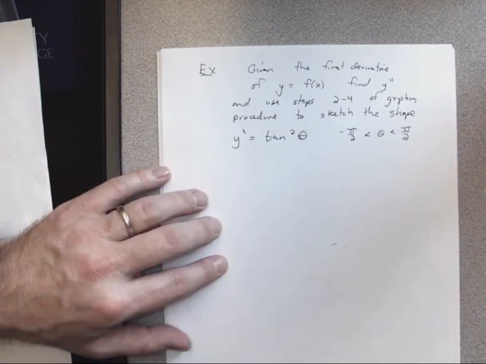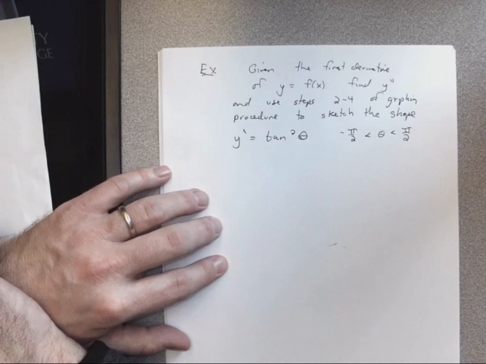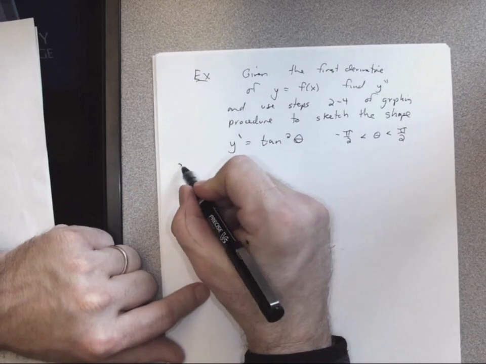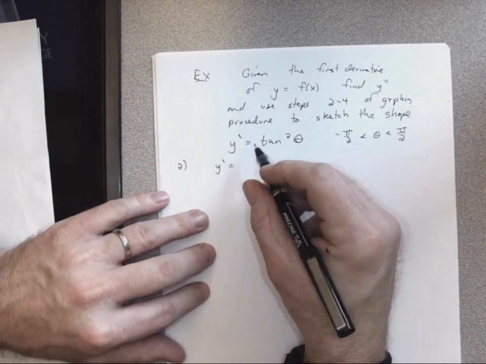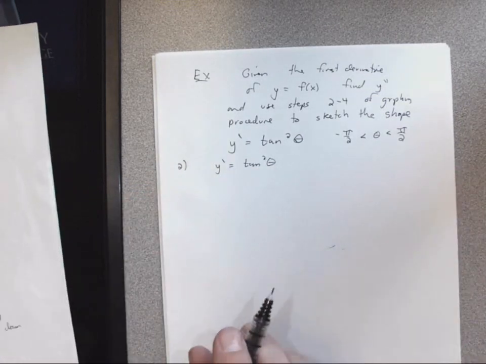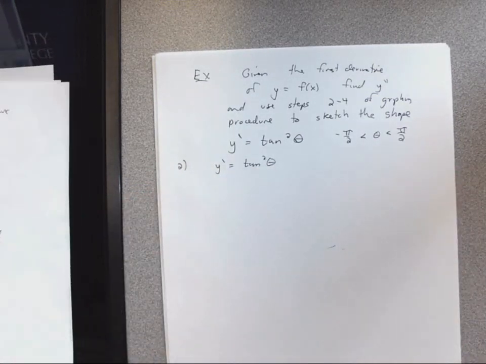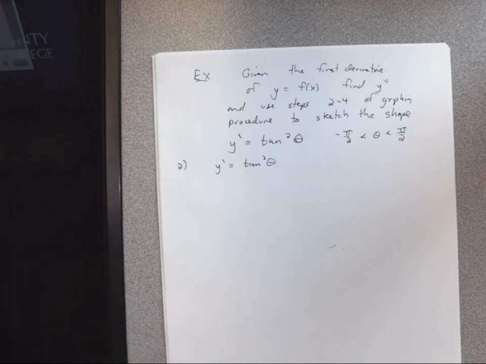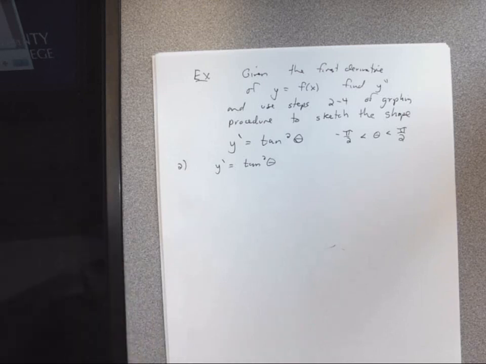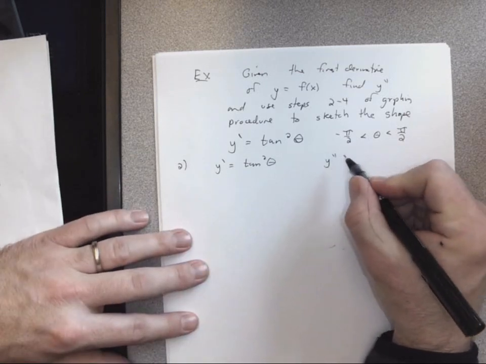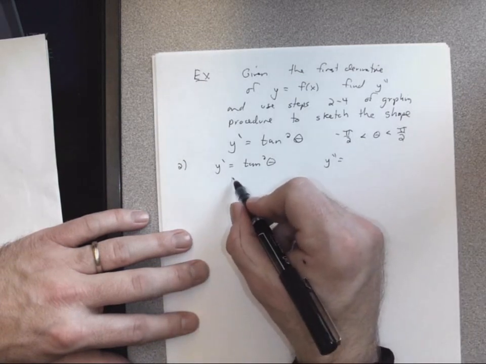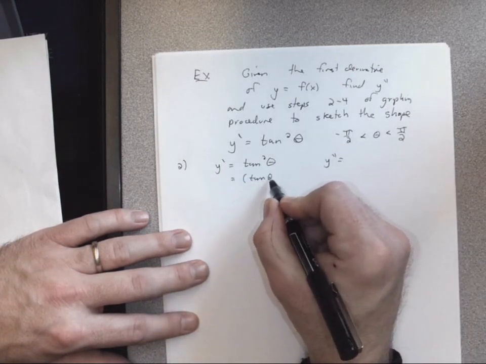All right, so 2 through 4. So step 2 was to find the first and second derivative. Well, I have the first derivative. So y prime is equal to the tangent squared of theta. And then y double prime would be equal to, well, the derivative of this, remember that this is equal to the tangent of theta squared.